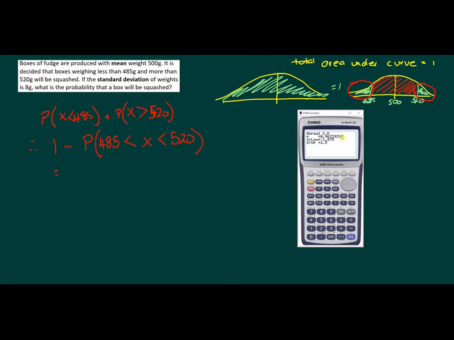So we now go execute, and what you'll find is that the probability there is 0.963. So basically we're going to go 1 minus 0.963, to 4 decimal places, 0.9634. So we can now go to the run screen on the calculator.